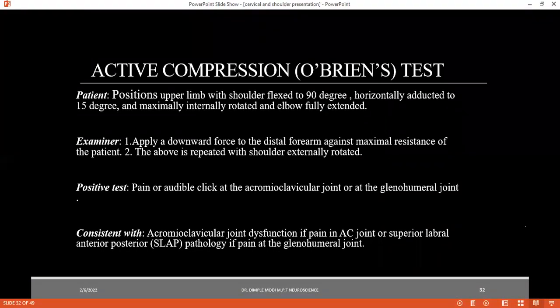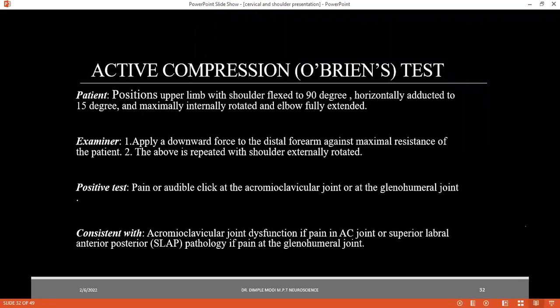O'Brien's test. Position the upper limb with the shoulder flexed to 90°, horizontally adducted to 15°, and maximally internally rotated so that the elbow is extended. Then apply a downward force to the distal forearm.